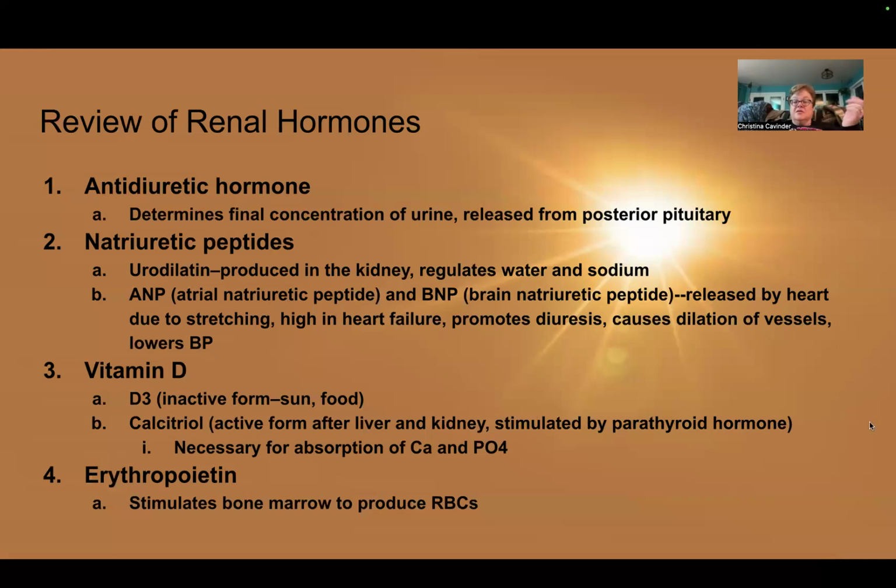Now, the kidney does release some hormones as well. It releases antidiuretic hormone. We've talked about that. This determines your final concentration of urine. This is released from your posterior pituitary, and it is judged based on your blood pressure, the oncotic pressure in your blood. So it's basically your brain is sending us signals saying, we need to release more water or we need to retain more water.